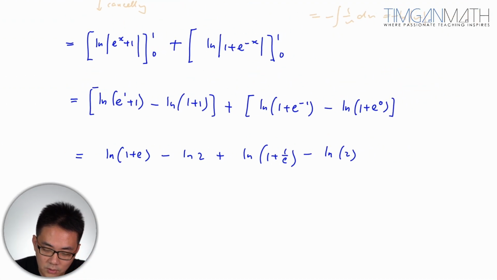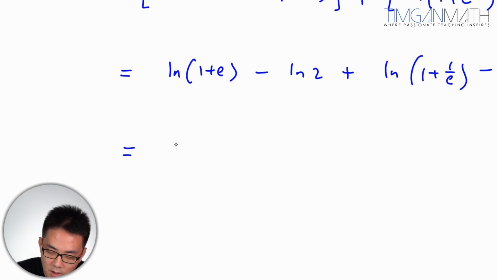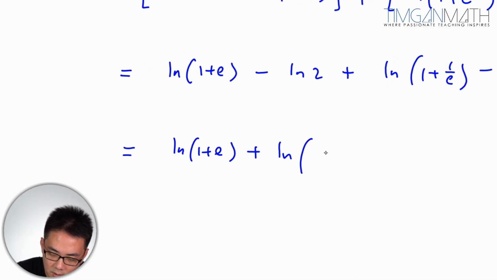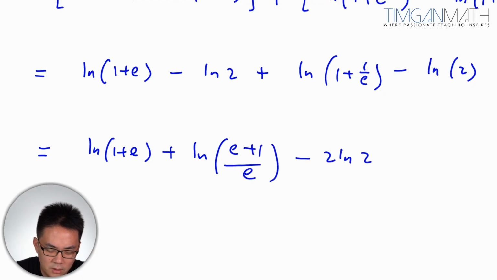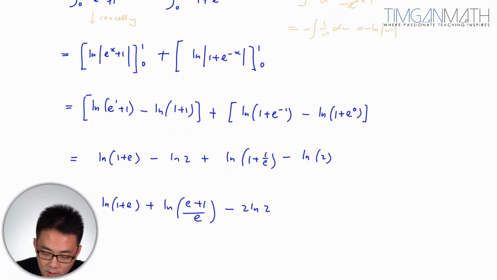So this is minus ln 2 here, so minus ln 4. ln(1 plus e) plus ln(e plus 1 over e) here. This is ln 2. There you go.